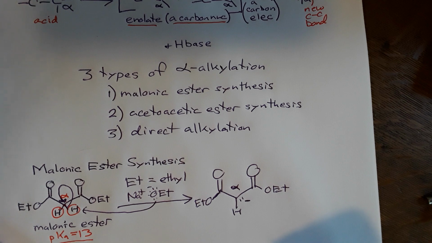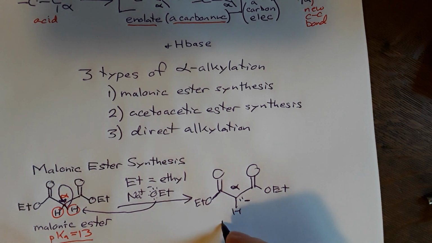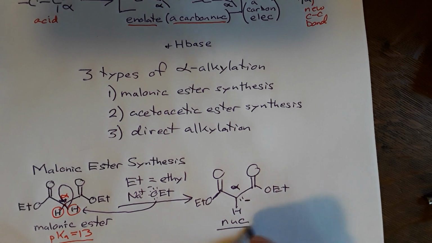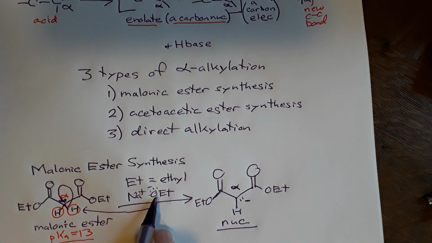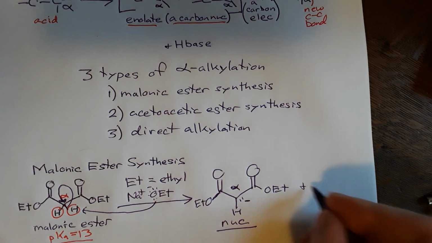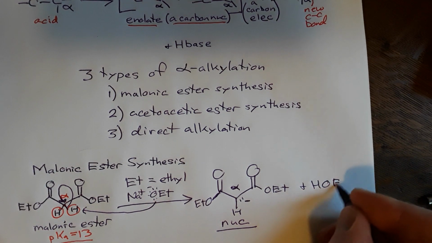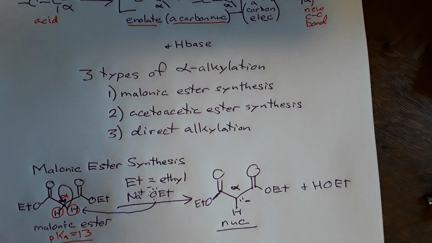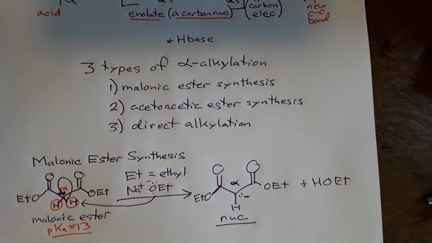So this is the conjugate base that we form, and then of course it is a really good nucleophile. And the conjugate acid of ethoxide is ethanol, so we are forming ethanol. So that's again how we would abbreviate ethanol.